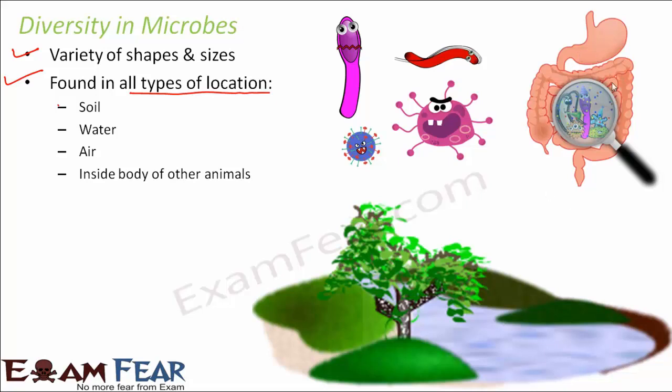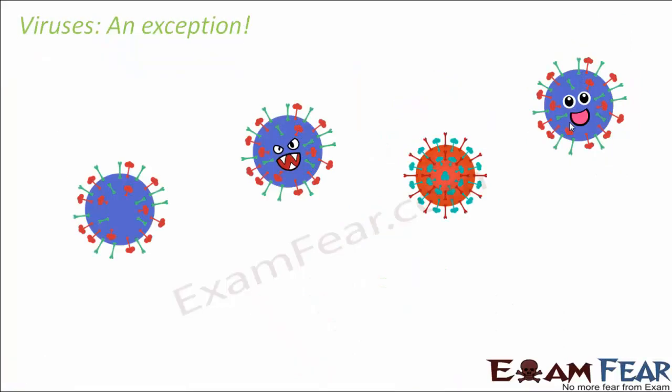In this picture, what I am trying to show is that even inside the human intestine, you often see these microorganisms. So they can exist in a variety of locations, which means microbes are extremely diversified. They can also exist inside plants, not only animals.